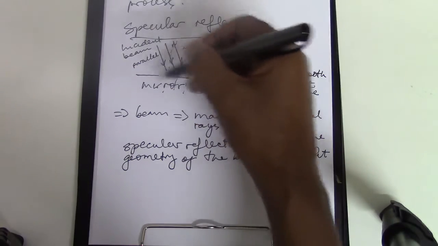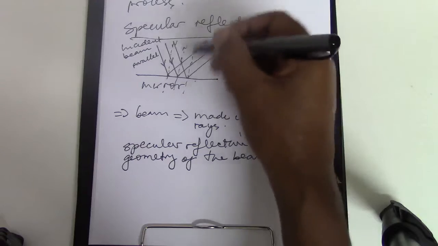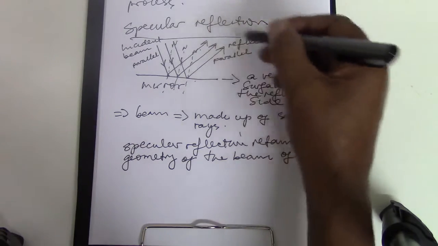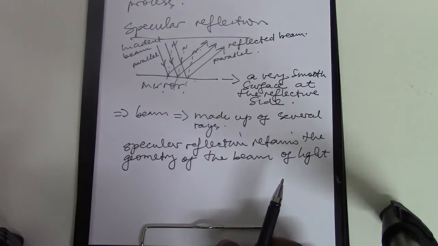This geometry, they are parallel, equally spaced, and the same happens to the reflected rays. So each time the incident rays which are parallel to each other reflect off the surface, they do so at the same angle equal to the angle of incidence. Therefore, they maintain their parallel geometry as they reflect off the surface. Right.